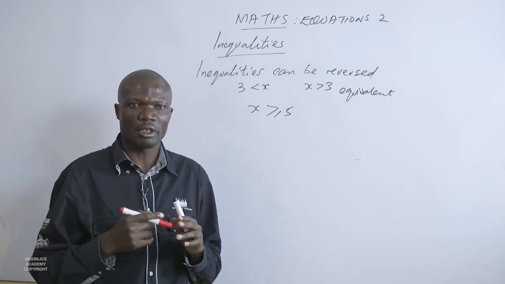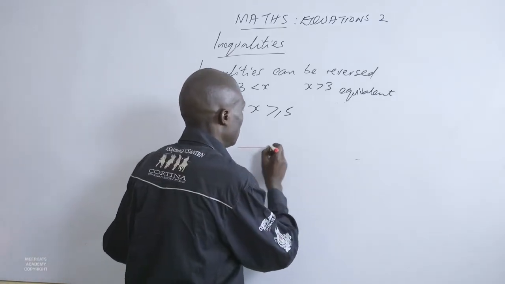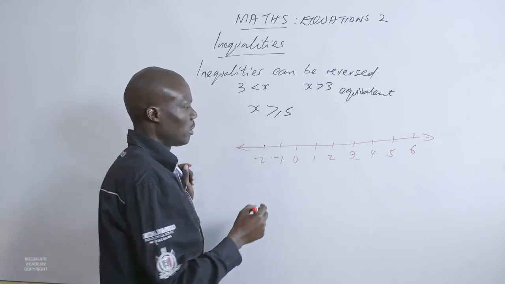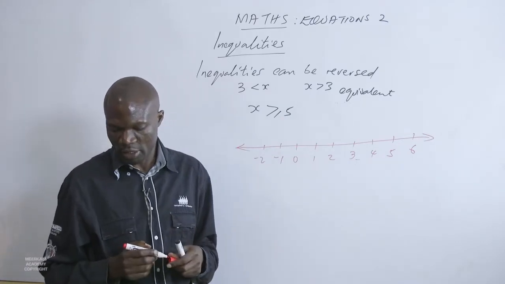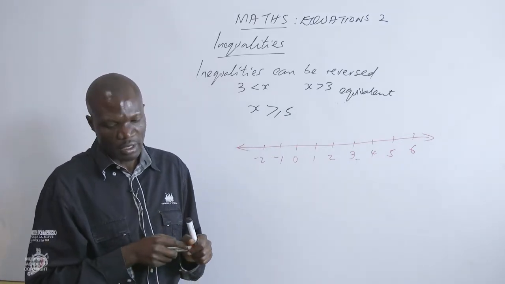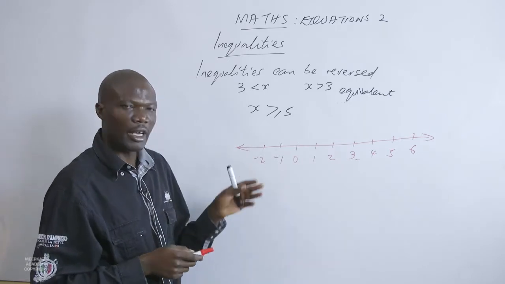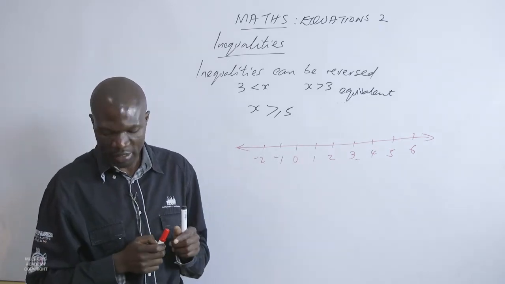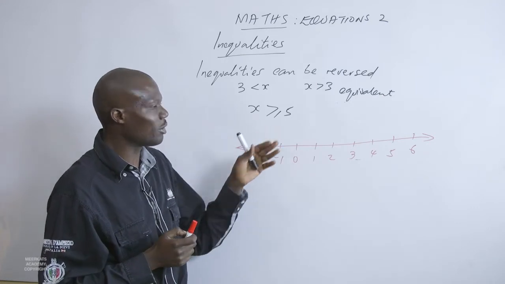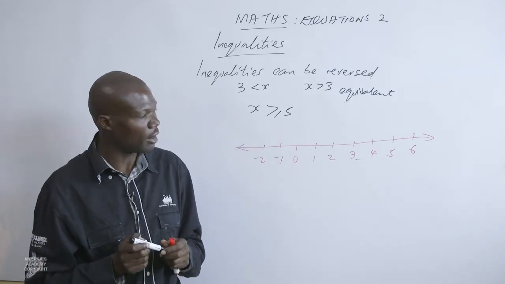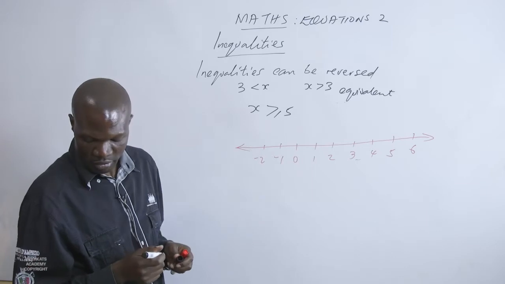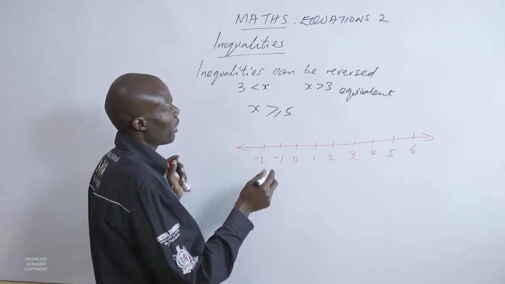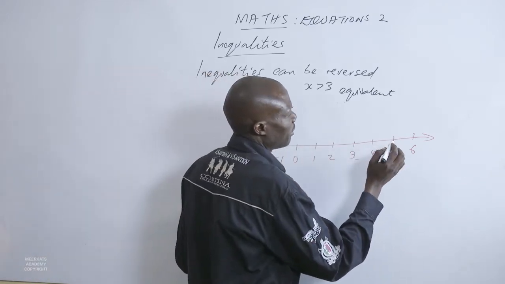So given a number line, we want to show that x is greater than or equal to 5. We shall go where we have 5. 5 is here.